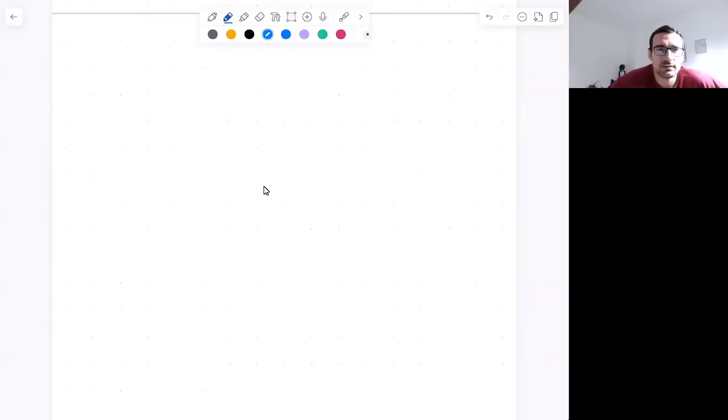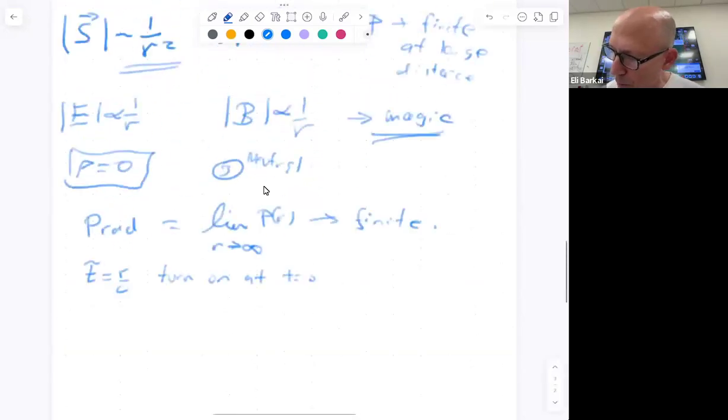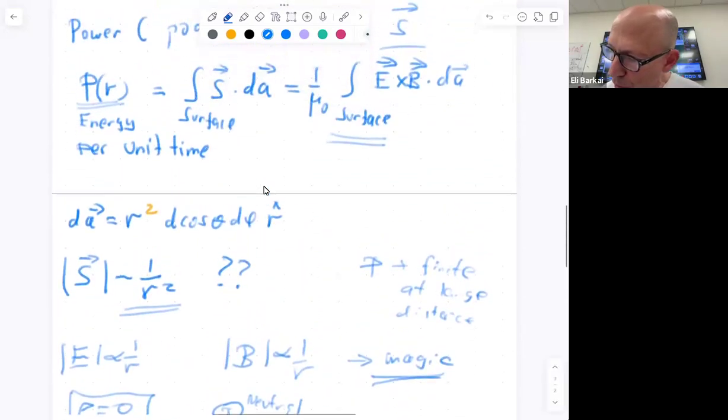Yes, I wanted to ask why it should be specifically 1 over r squared and not, for example, 1 over r to the power of 3. It would still be finite for big r's. No, because this is what I tried to say, but I'll repeat. The integration here is over the surface.